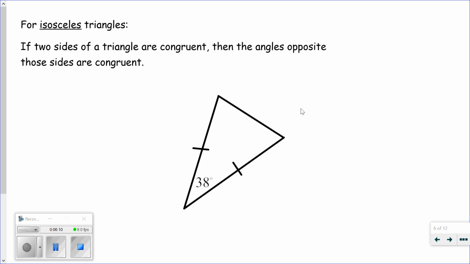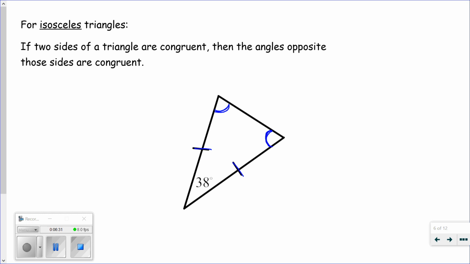Okay. So here's another one. If we're just talking about isosceles triangles, if two sides of a triangle are congruent, then the angles opposite those sides are also congruent. Remember that from before, right? So when we talked about isosceles triangles, these angles have to be congruent because these two sides are congruent.